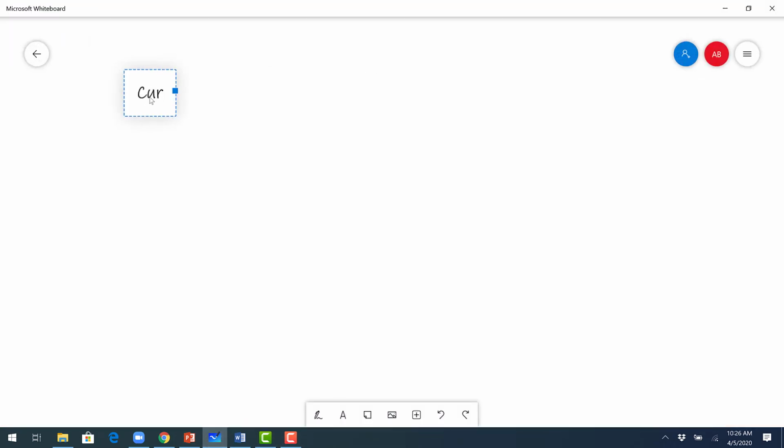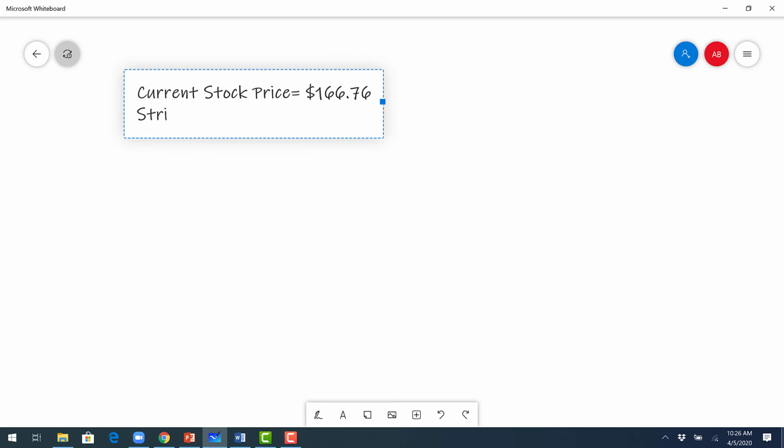All right, so let's look at a couple of possible scenarios here. Let me write down that basic information. Current stock price is 166.76. Strike price or exercise price, we denote this by X. Strike price is 160, right?